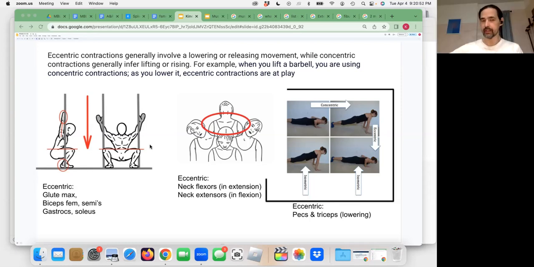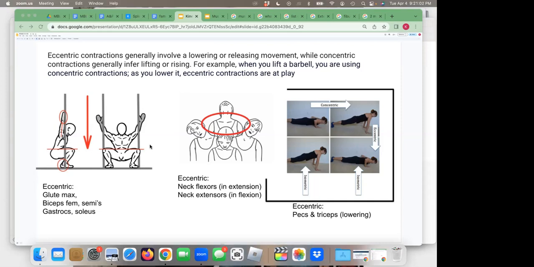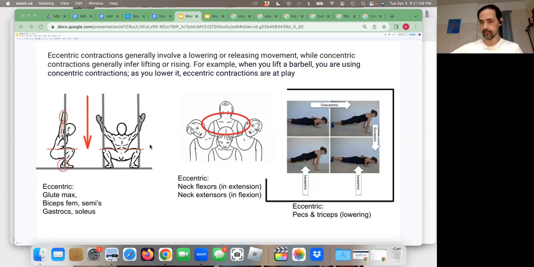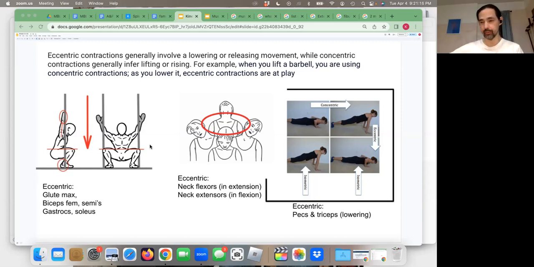And for the tibialis anterior and the gastroc, what joint are they primarily moving? The knee or the ankle? It would be the knee, I would say. But think about where the muscle bellies are, and think about the joints that they cross.